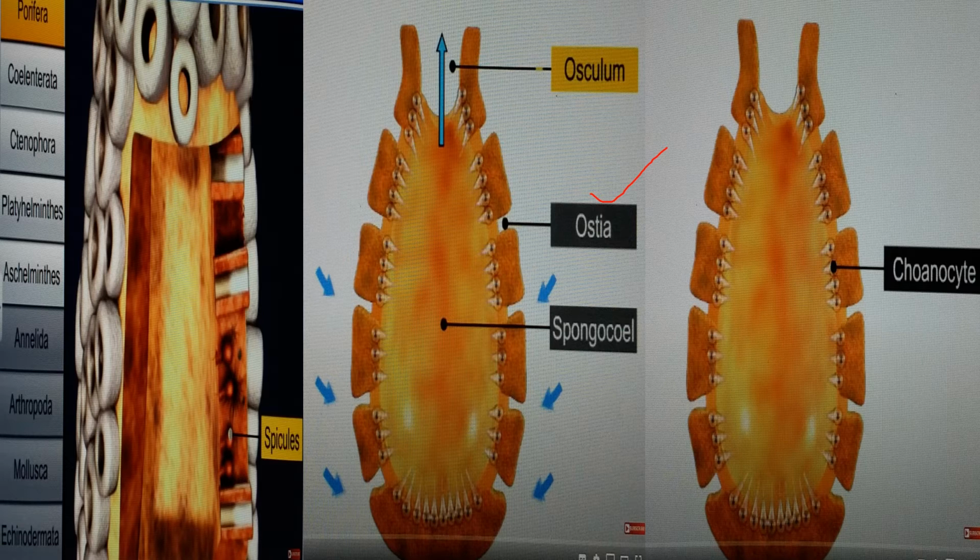Water enters through the minute pores called ostia into a central cavity called spongocoel and comes out through the osculum.